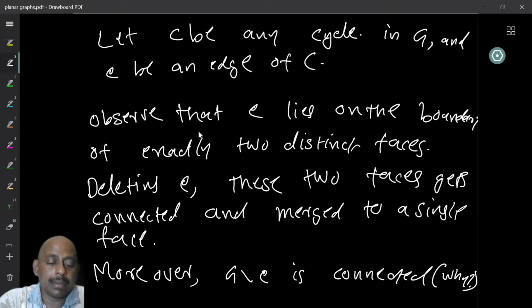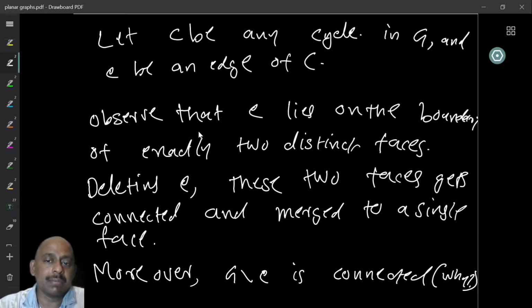Now if you look at the cycle, here is a formally written down argument. Let C be any cycle, and E be any edge of the cycle. So the edge E lies on the boundary of exactly 2 distinct phases, and deleting the edge E, these 2 phases get connected and merged into a single phase.